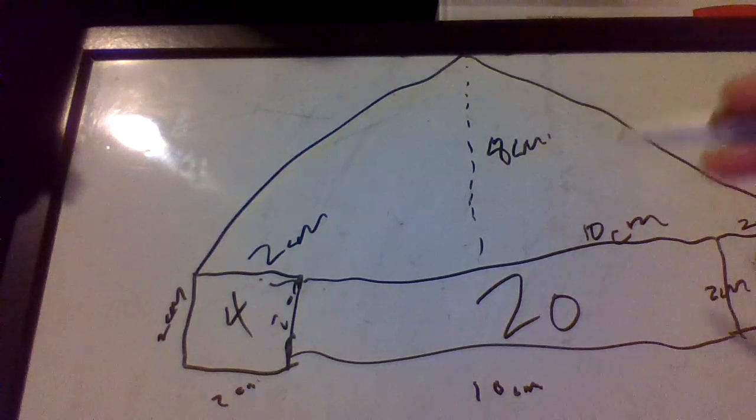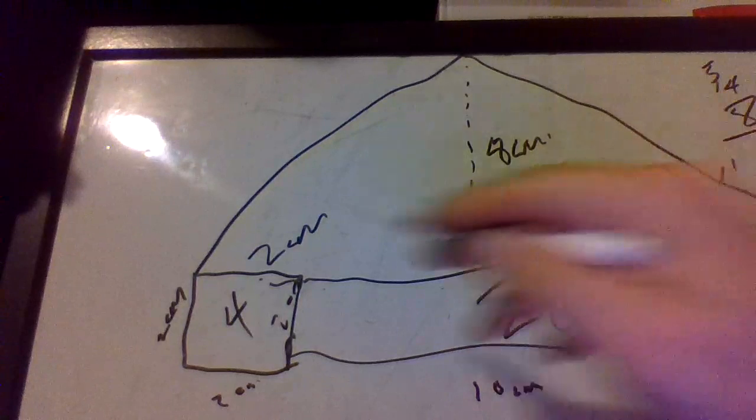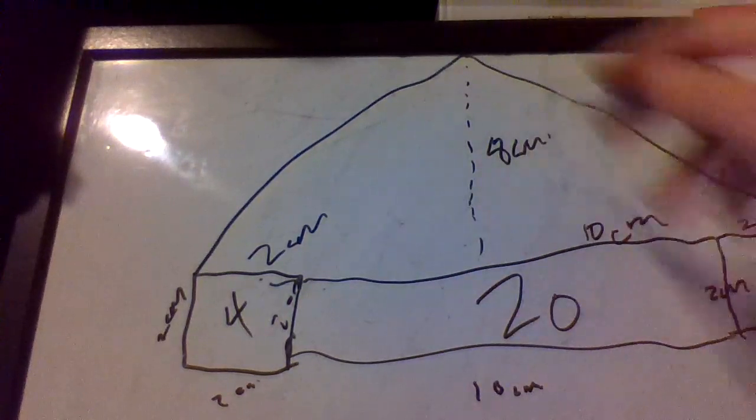So if we multiply 14 times 8, let's see, let's do some side work here. 14 times 8, 2, carry the 3, 11. Now, so we multiplied the base times the height.